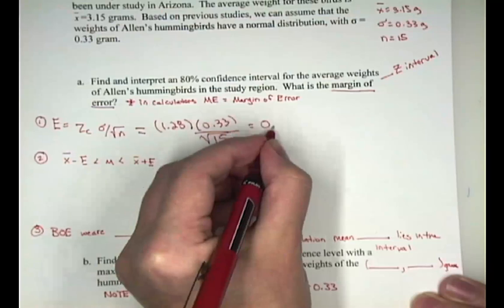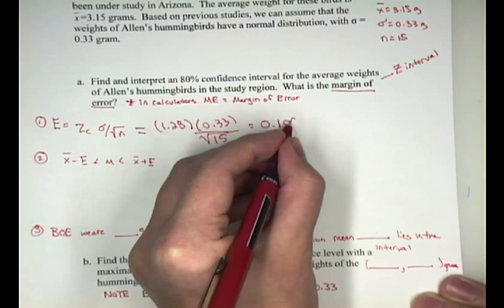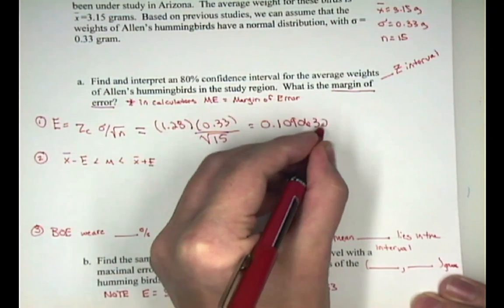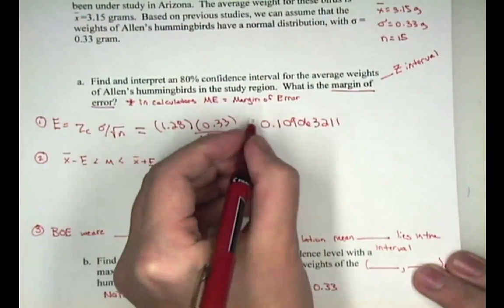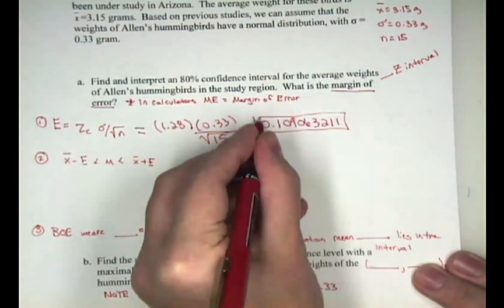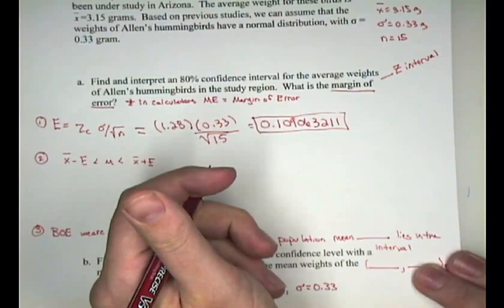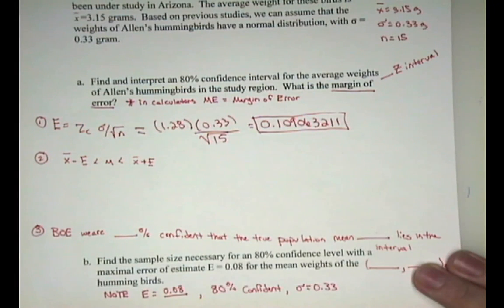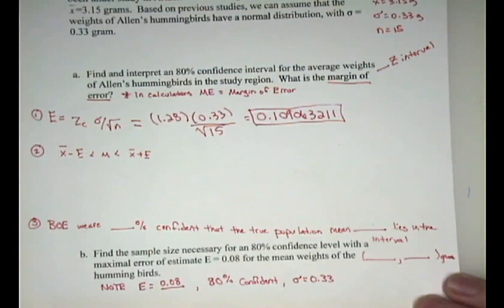Work that out and we get 0.1090632111, and that's the margin of error. Okay? And the calculator in my grapher was getting 0.109195. So just slightly different margin of error, but that has to do with rounding and things like that.